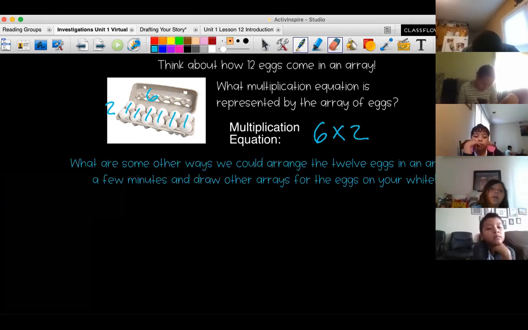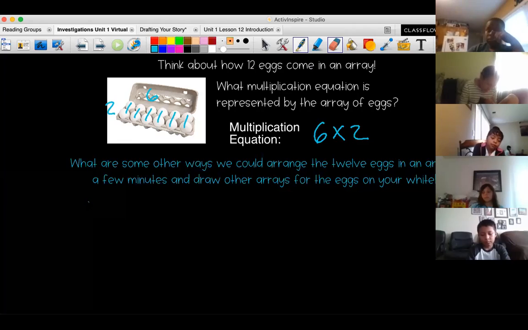So there are some other ways that we can arrange these eggs that are also still in an array. I'm going to show you an example of that, and then I'm going to let you brainstorm and do some yourself. Right now our eggs are in 2 rows of 6, but what we can also do is 6 rows of 2.